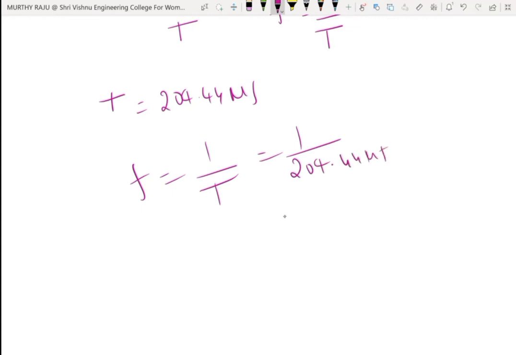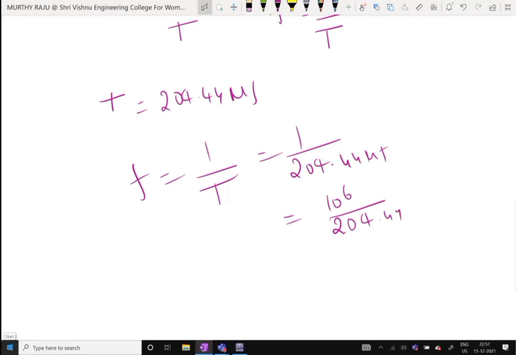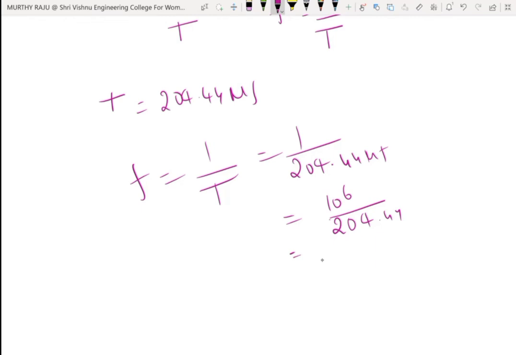Therefore, F is equal to 1 by T, 1 by 204.44 microseconds, that is 10 power 6 by 204.44. Find out this value and compare it with the theoretical value. 1000 divided by 204.47 is equal to 4.8 kilohertz.